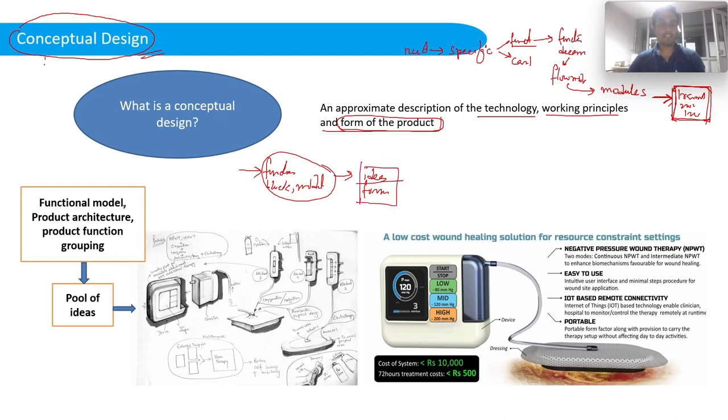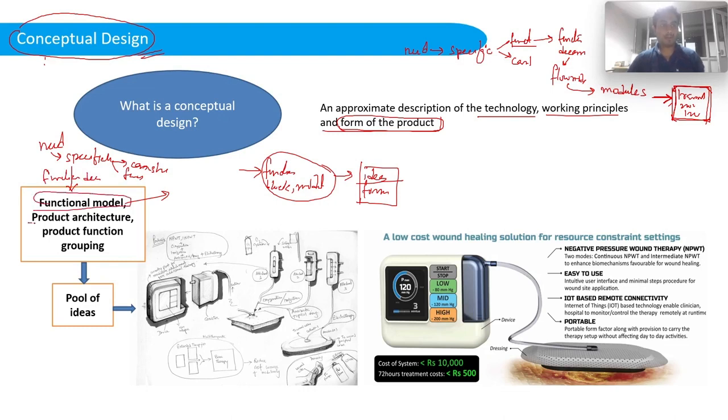So basically, as discussed, we used to have a functional model. Before the functional model we used to define the various functions. So from need we used to come to specific specifications, okay. Then from specifications we try to identify the constraints and the functions, and then we did a functional decomposition and came up with a functional model, okay.